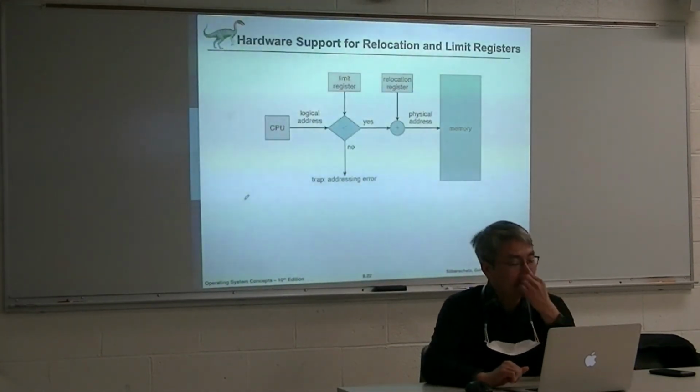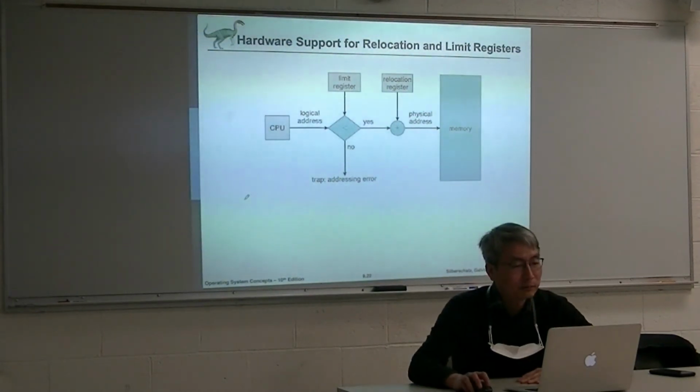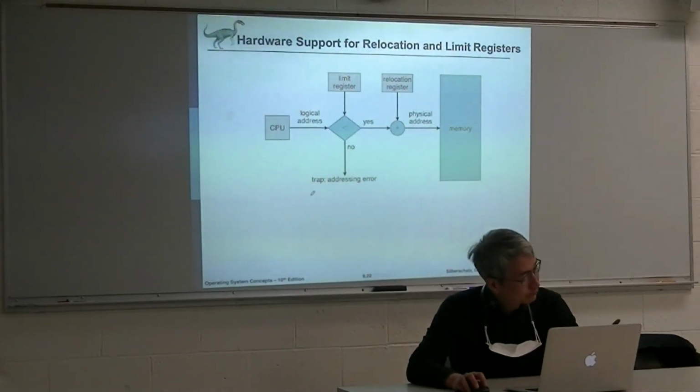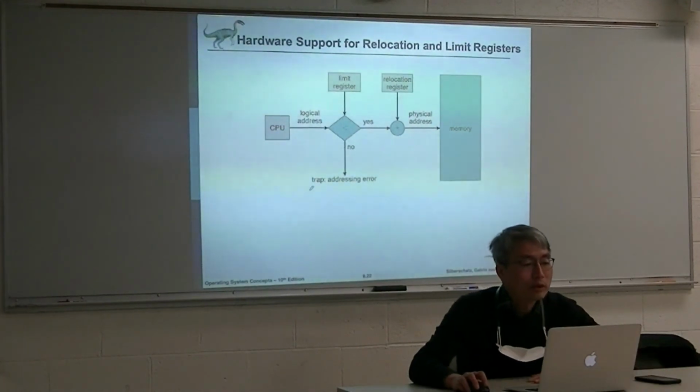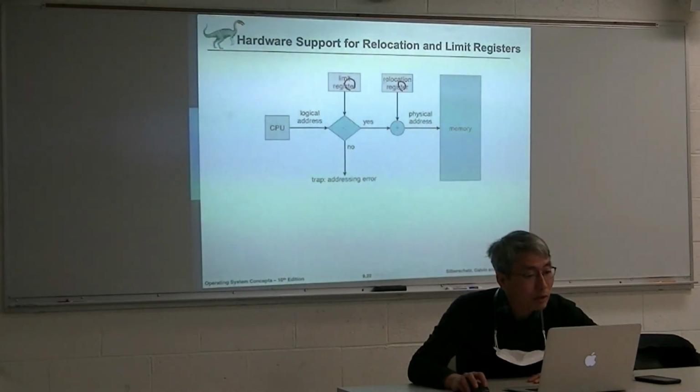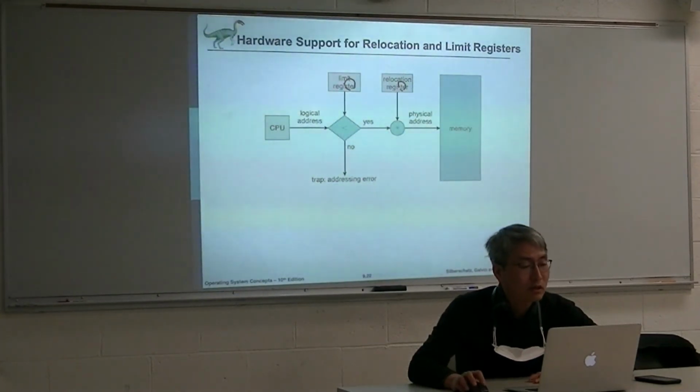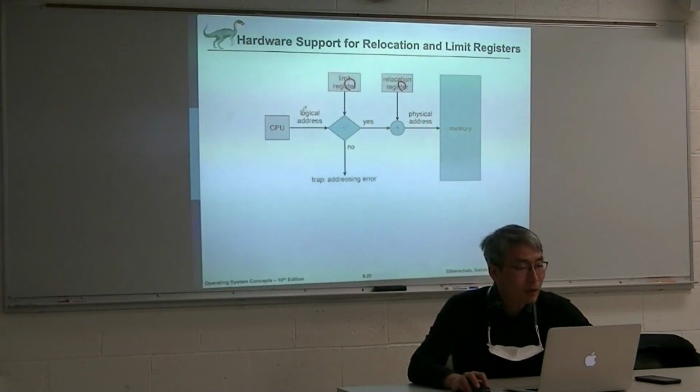Let's see the diagram. When you allocate the memory, you need to know the limit and the relocation register. Instead of base, we are going to use a relocation register. We need to verify the logical addresses, so we read the memory management unit.